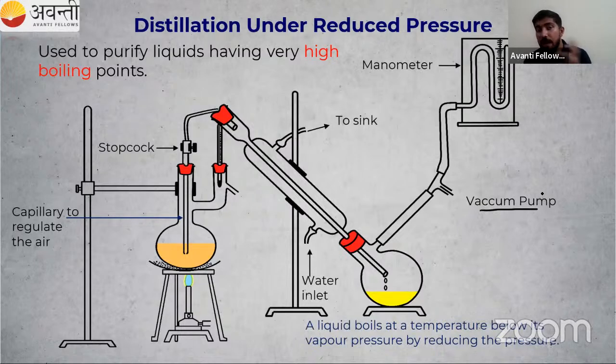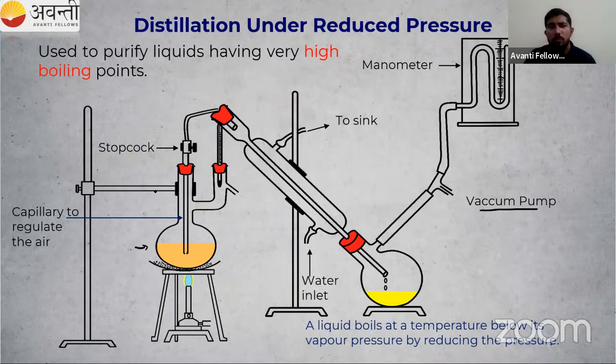To reduce pressure. I'm decreasing the pressure. Our liquid is present here, and the boiling point of that liquid is very high. Or I can say one more condition: this liquid, before reaching its boiling point, will undergo decomposition. So we have to reduce that boiling point, right?